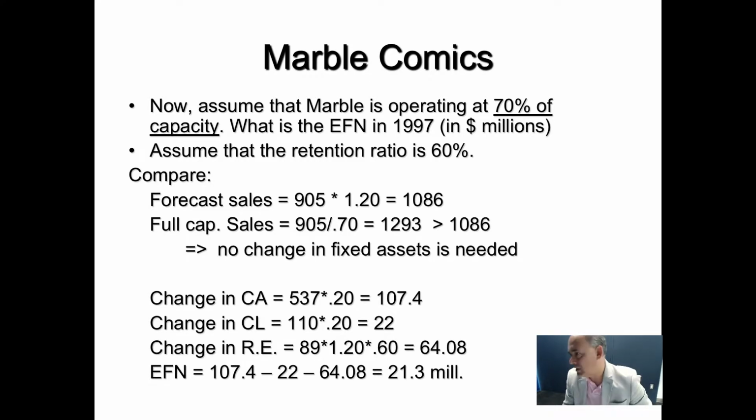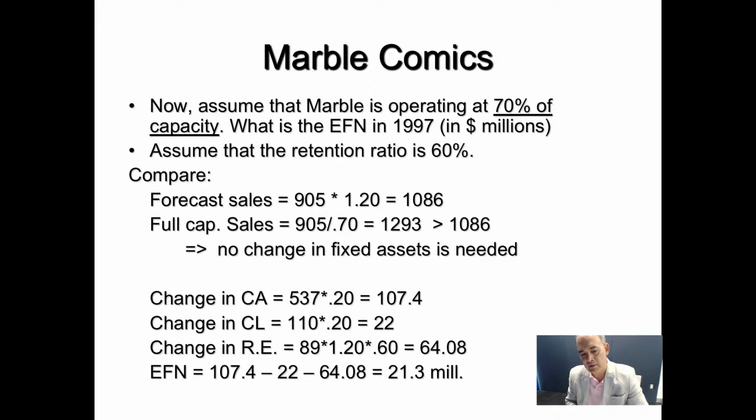So definitely I have production slack, and then I could consider only my current assets as being spontaneous. So the change in my current assets times 20%, which is the growth rate, is going to be 107. The change in current liabilities, which is 110 times 0.20, is going to be 22.